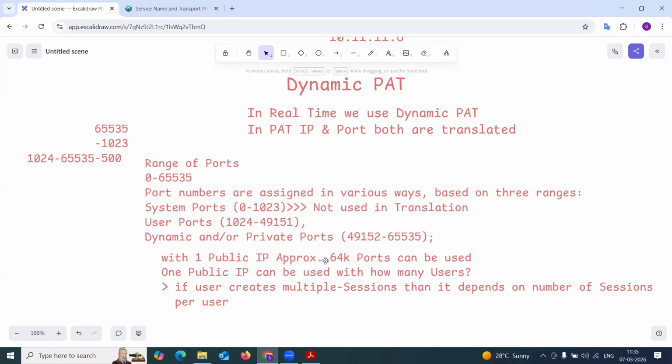So basically what I mean to tell is, I can't say the exact number of users. It depends on the number of sessions created by users, that will decide how many users can access.